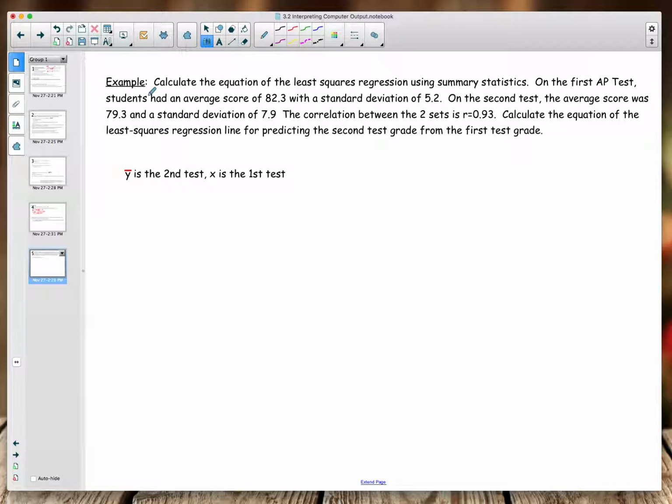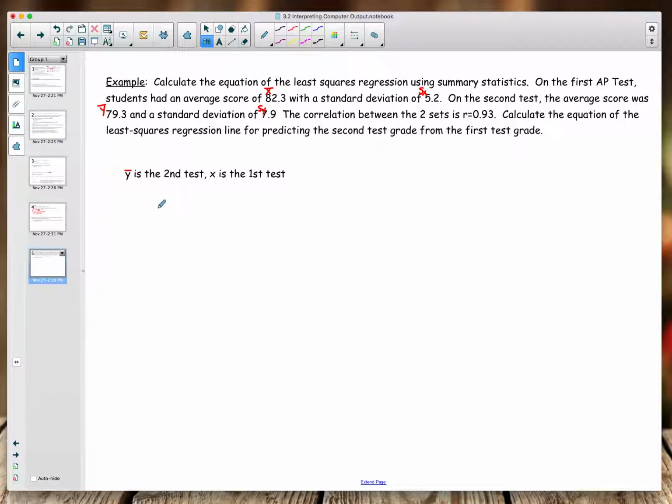So the average here, on the first AP test, is going to be my x bar, 82.3 is my x bar, and of course this is going to be s of x, my standard deviation. And then the second test average is going to be y bar, and this is going to be s of y, because that's my standard deviation. And then, of course, there's my r at 0.93.